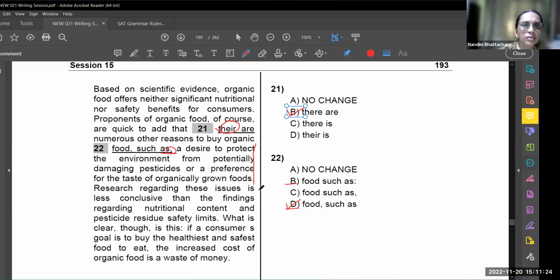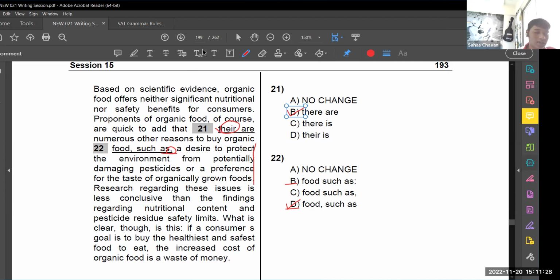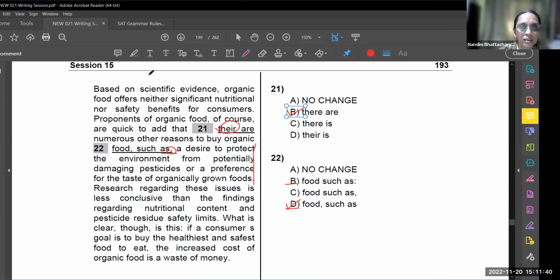Can you be a little more clear? In 16, I overlooked that we had to use a synonym for the word. Right. That means you did not read the sentence carefully.